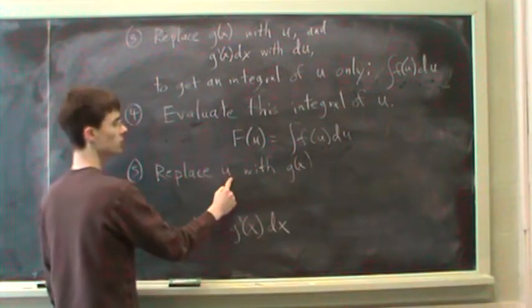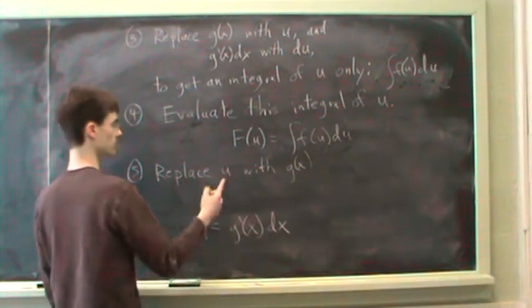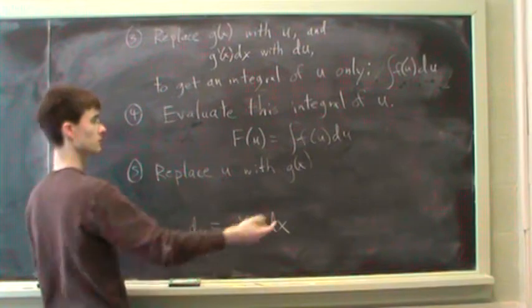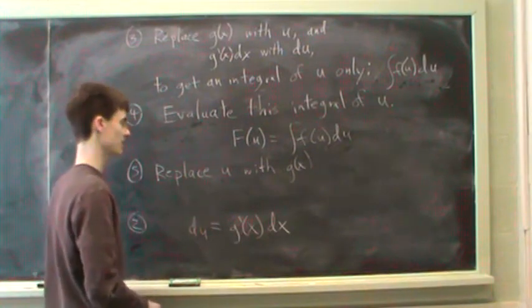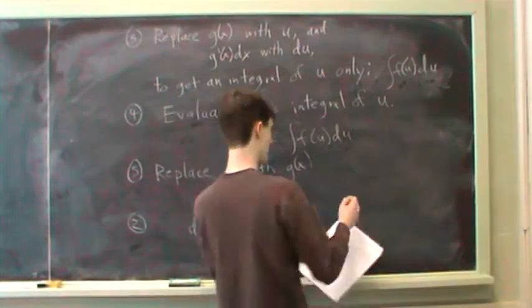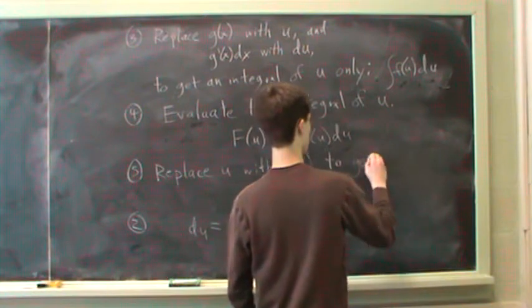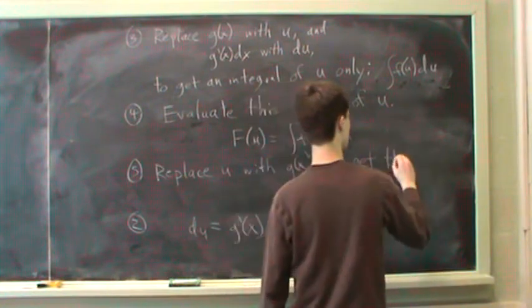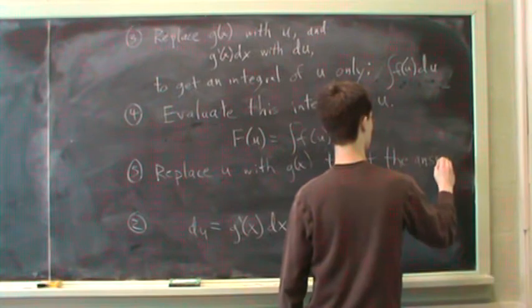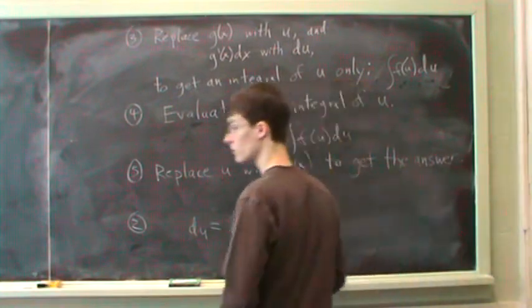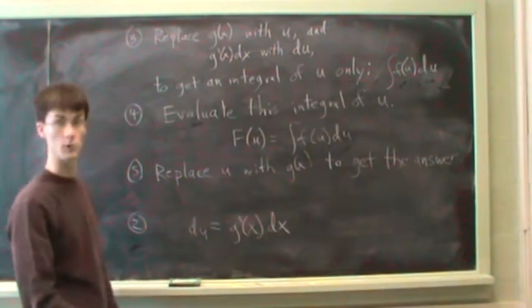Remember, u was equal to g of x, so we're just going to replace the u's with what they actually represent in terms of x. And that will give us the final answer to the problem.